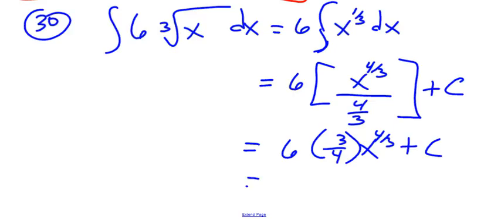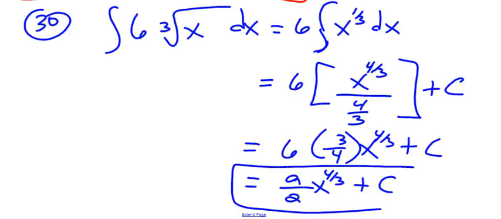And simplifying it further, I get 9 halves x to the 4 thirds plus c is our answer. This one will not be in the homework, but I wanted to make sure that we went over that one. So I wanted to do at least one trig, and then we can move on. So from here, let's do number 46.